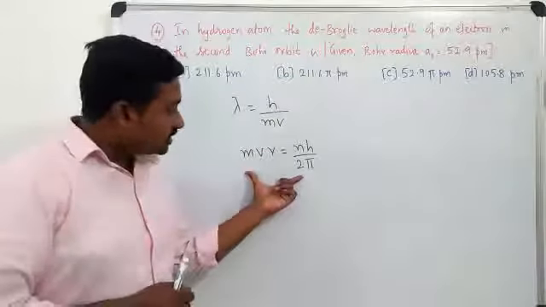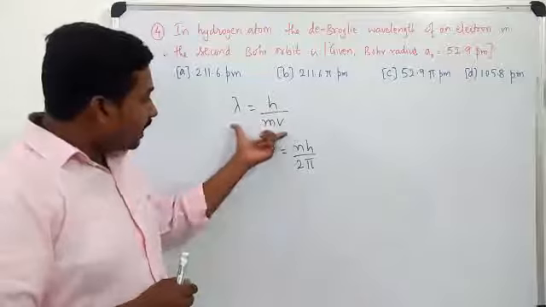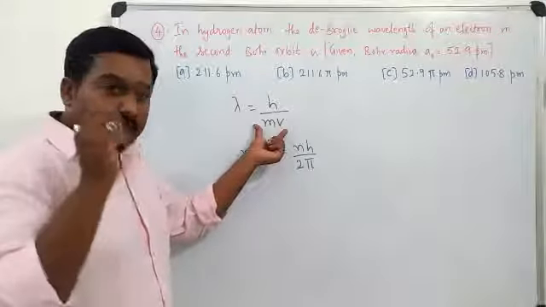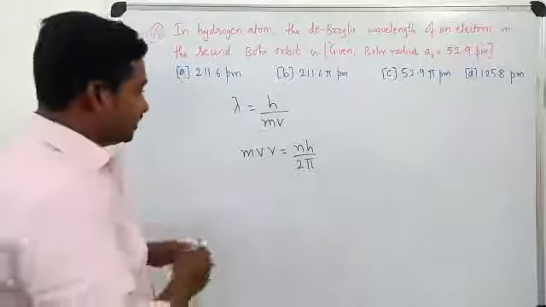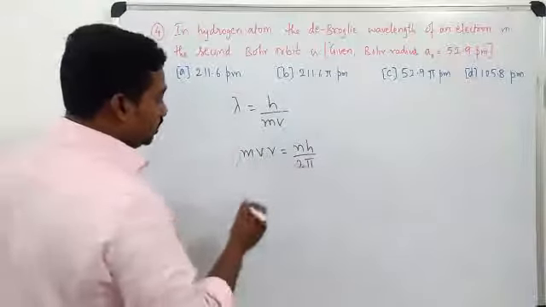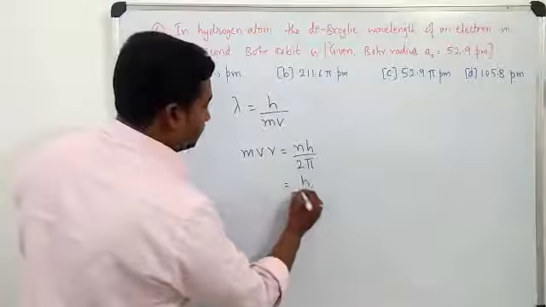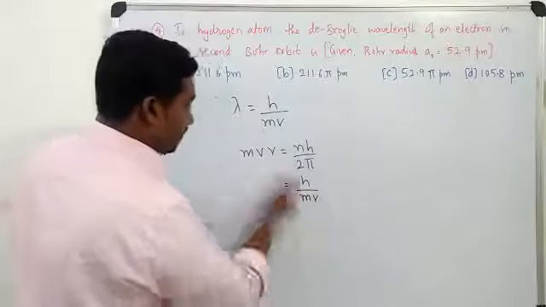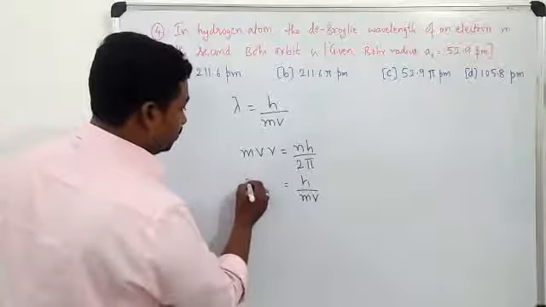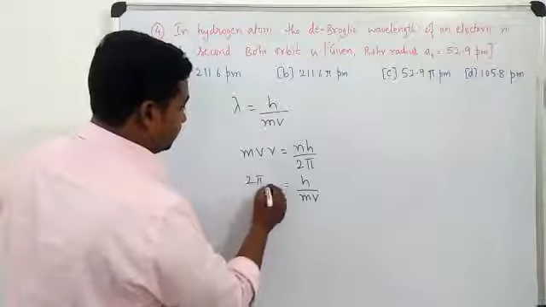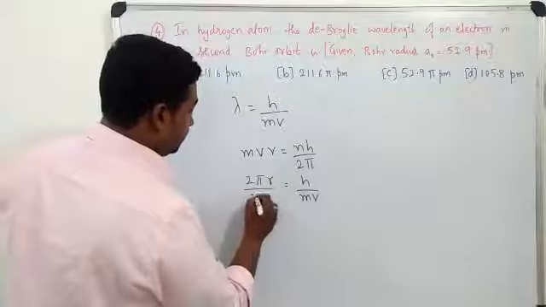Now, using this expression, can we derive the value or the expression for lambda? Let's see. Rearrange the terms here. You will get h by m into v equals, so m and v have gone to RHS, I get 2 pi r by n.